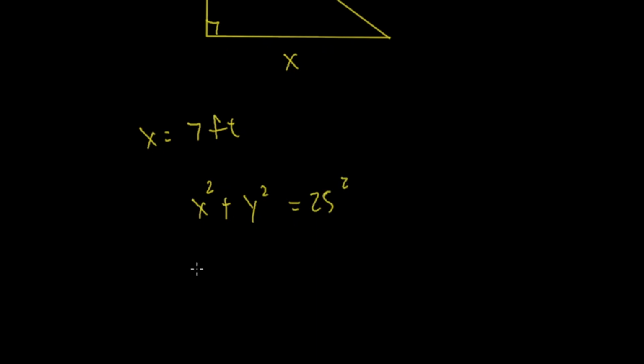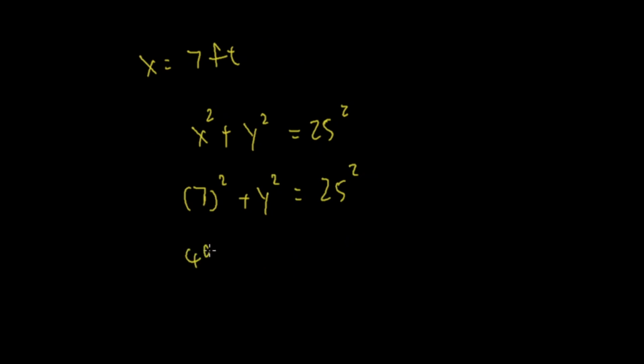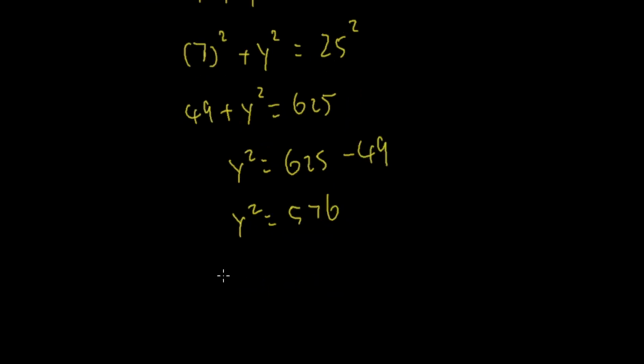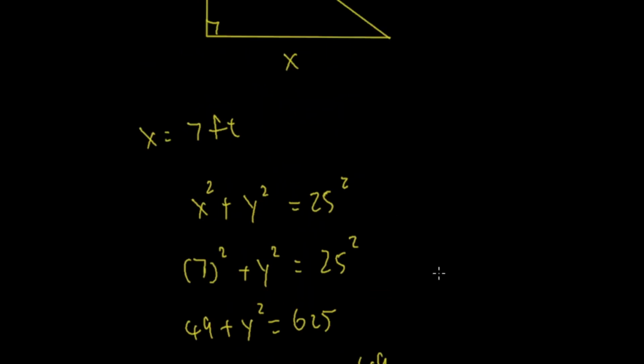And we know that x is 7, so 7 squared plus y squared equals 25 squared. 49 plus y squared equals 625. Now y squared equals 625 minus 49. Y squared equals 576. Then the square root of 576 is 24. Okay, and we know that y is equal to 24 feet.